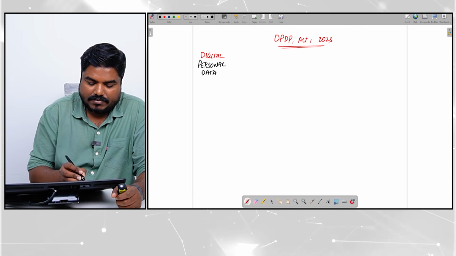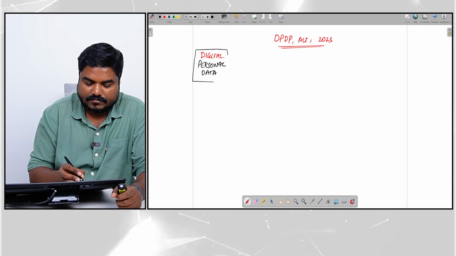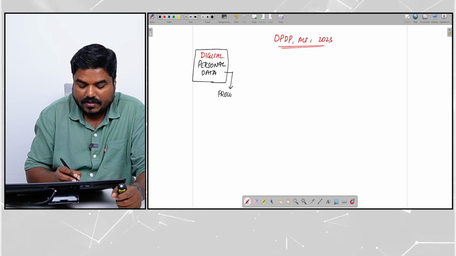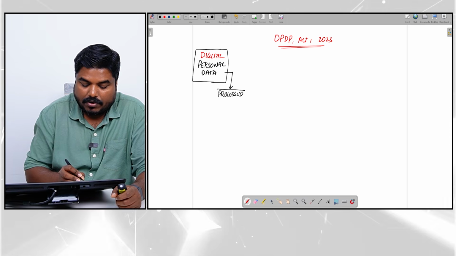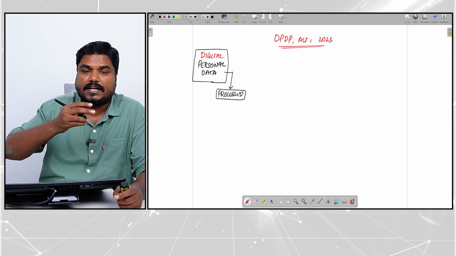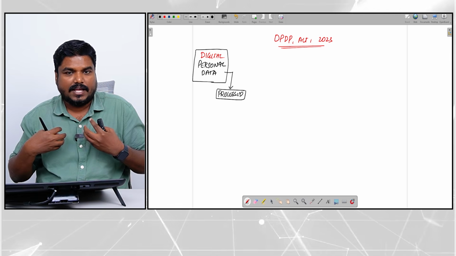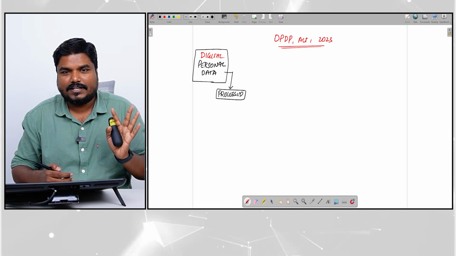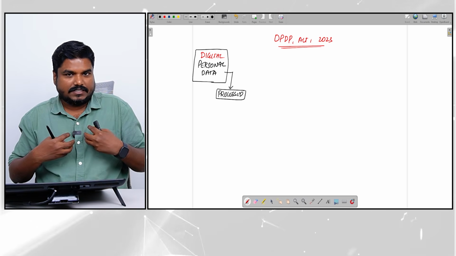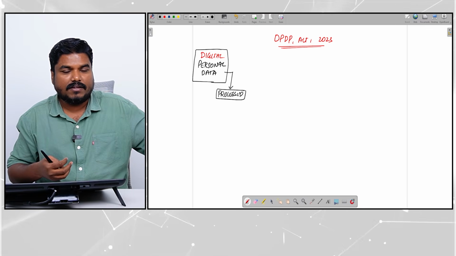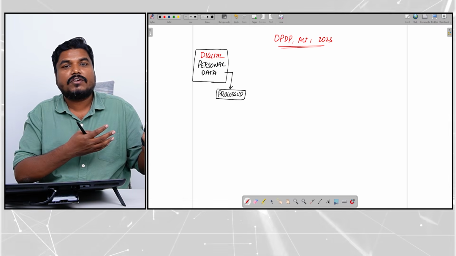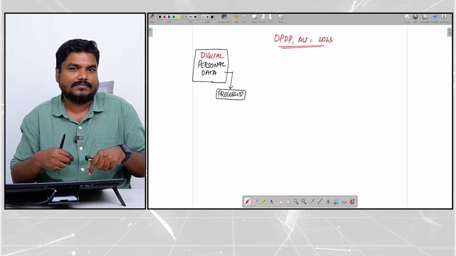This digital personal data can be processed outside India. So someone is collecting my data and the data can be processed outside India only on a condition. When my personal data is being processed outside India, that processing should result in some offering of goods and services to me.